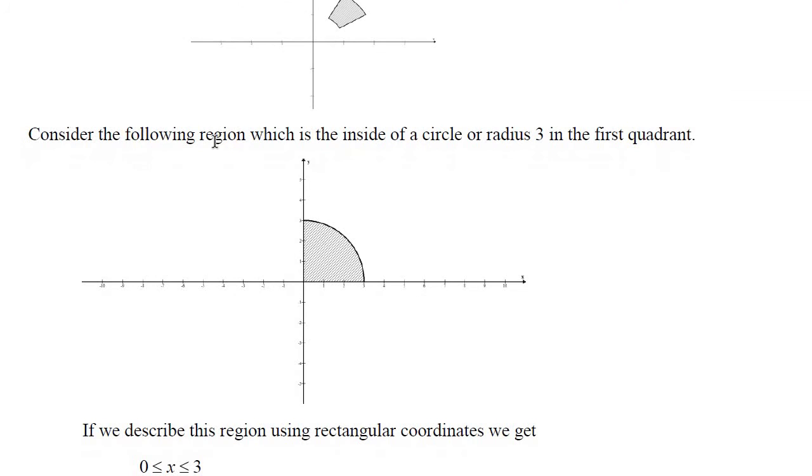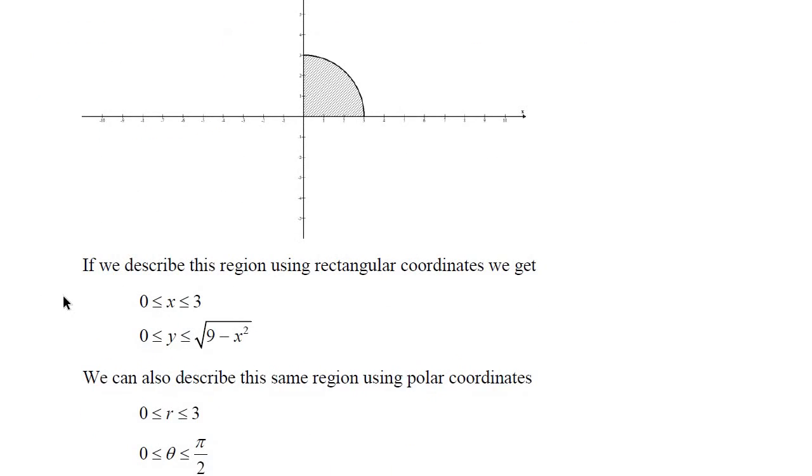Now let's consider the following region. This is the region inside of a circle of radius 3 in the first quadrant. With rectangular coordinates, we can describe this region as x goes from 0 to 3 and y goes from 0 up to the square root of 9 minus x squared. This describes the region in rectangular coordinates.